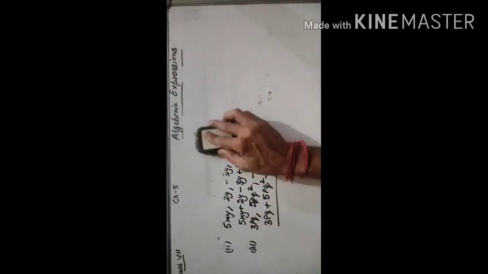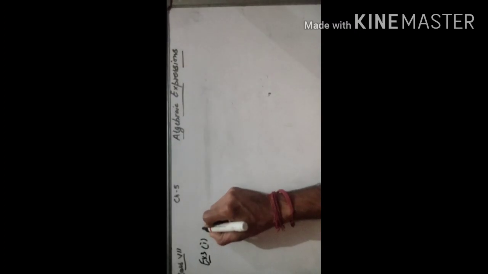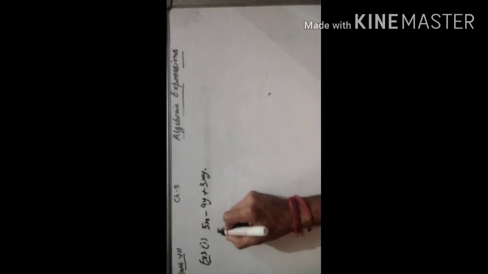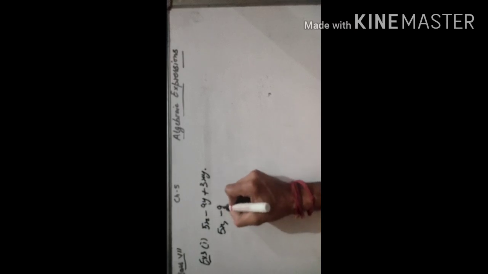Now next is example number 3. Write all the terms in each of the following algebraic expressions. In example number 3, first part, that is 5x minus 9y plus 3xy. Now we have to separate it with sign.